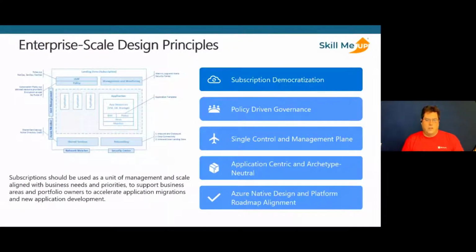So let's talk about each of those a little bit more. So subscription democratization, we're looking at how we're utilizing that subscription as the single unit of management and how we're aligning and scaling that with the business needs and our priorities and supporting our areas of business within that subscription and the different owners to accelerate how those applications are going to migrate and how you're going to develop new applications in there.